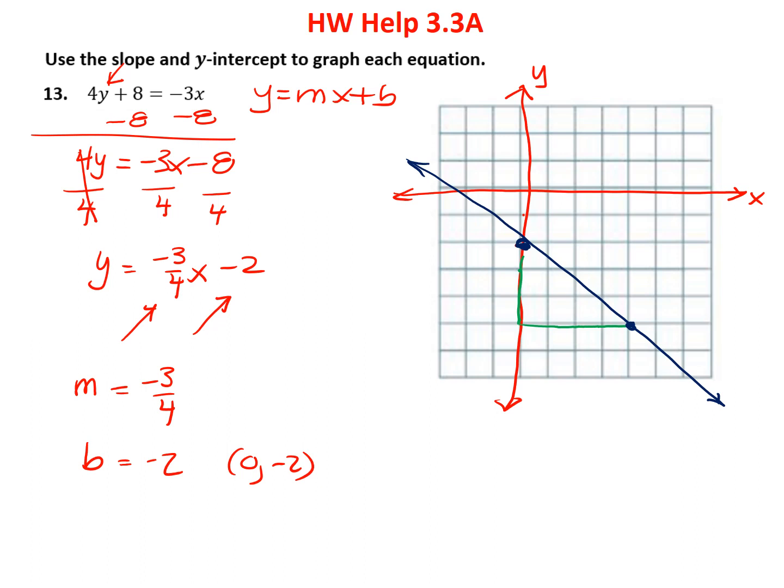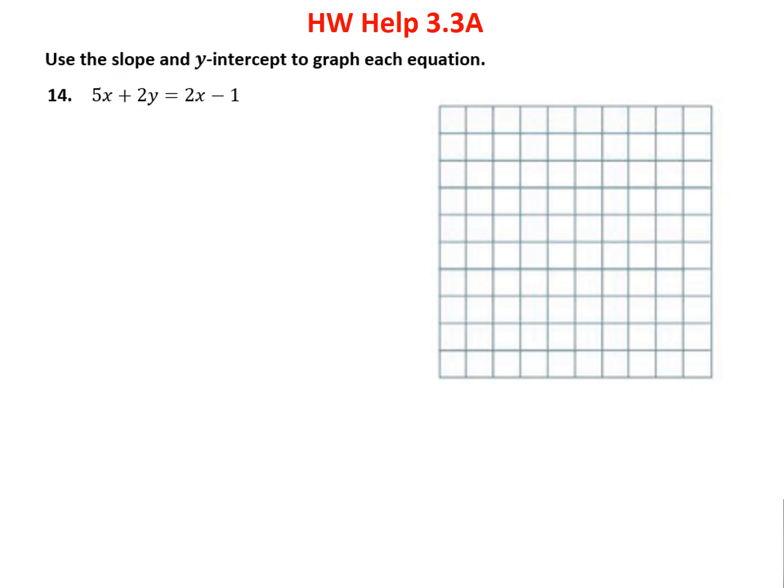And for our last equation, again, we want to solve for y and make x our first term. Okay? So in this case, here's y. So first thing I'm going to do is get rid of this 5x. So subtract 5x from both sides. So 5x minus 5x is 0. I'm left with 2y equals 2x minus 5x is negative 3x minus 1.